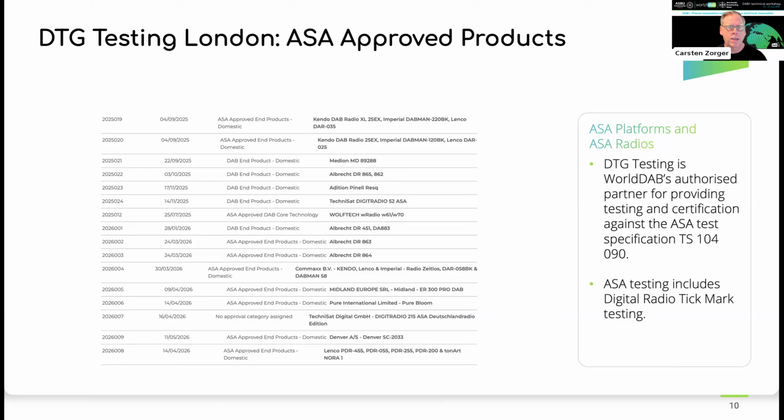So if you were to buy an ASA certified radio, you can be sure that it is a standard piece of equipment. It is being tested against the strongest and the best current standard. So we would recommend everyone, if you buy a new DAB radio, look for the ASA logo, because this is the latest and the most modern test.